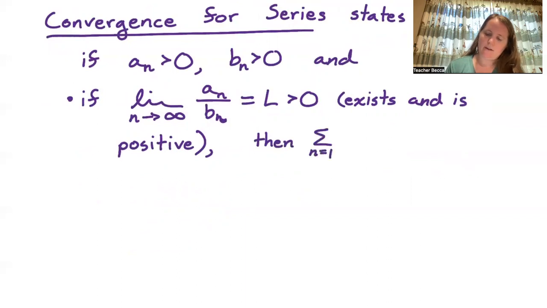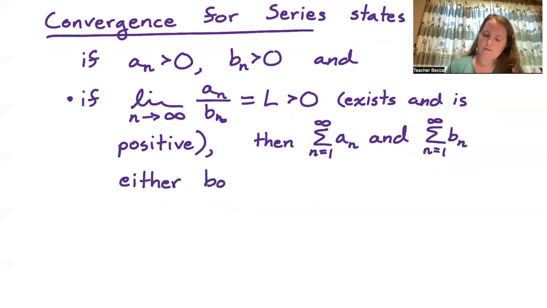So the series from n equals 1 to infinity of a sub n and the series from n equals 1 to infinity of b sub n either both converge or both diverge.